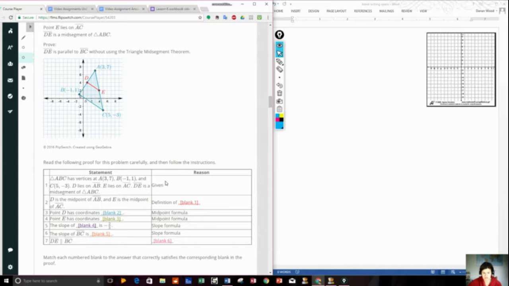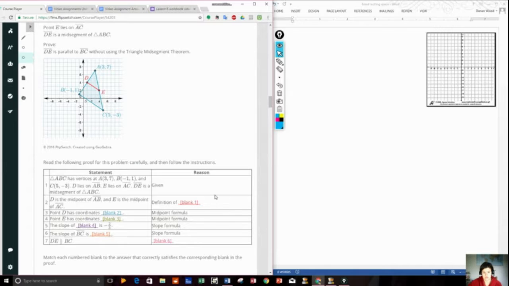The reason is the given information. Point D is the midpoint of line segment AB and E is the midpoint of line segment AC. Reason, definition of blank 1.